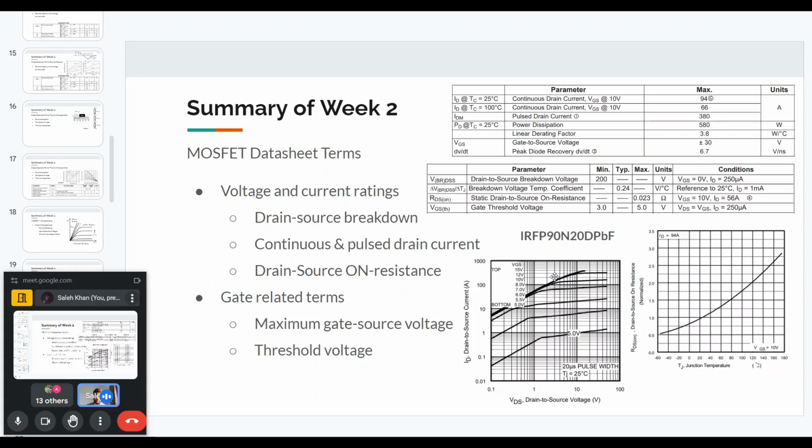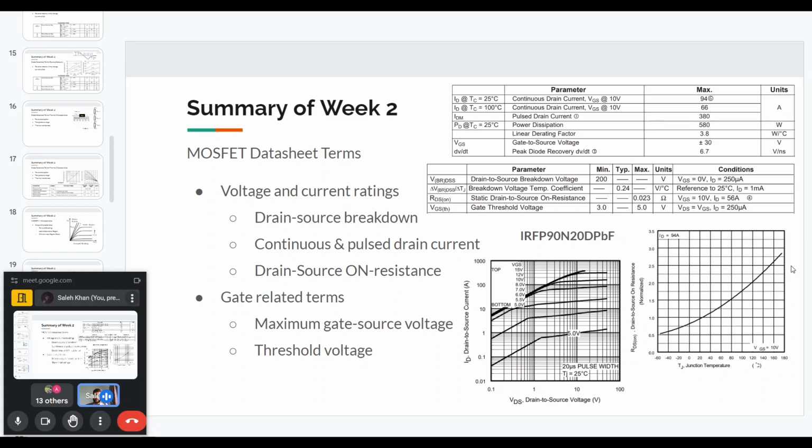And lastly, we will also be given the drain source resistance. So for example, here we are given the maximum value of the drain source resistance, and it is provided at a certain VGS and a certain drain current. And this RDS is actually also dependent on the temperature. So here on the right side, this curve is also provided in the data sheet, and it is basically a normalized curve.